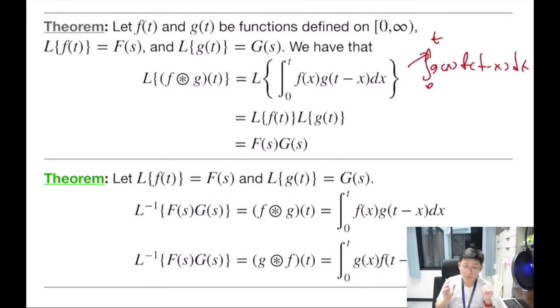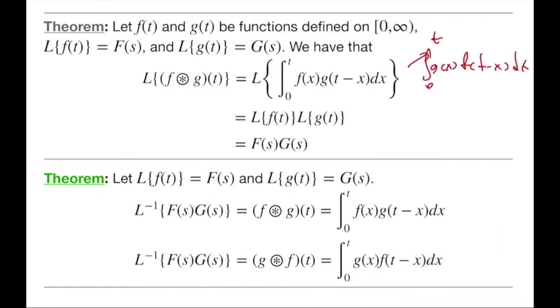And the inverse Laplace transform is quite similar. If you want to find the inverse Laplace transform of F times G, that would be the convolution of f and g, and that's the integral of this one.